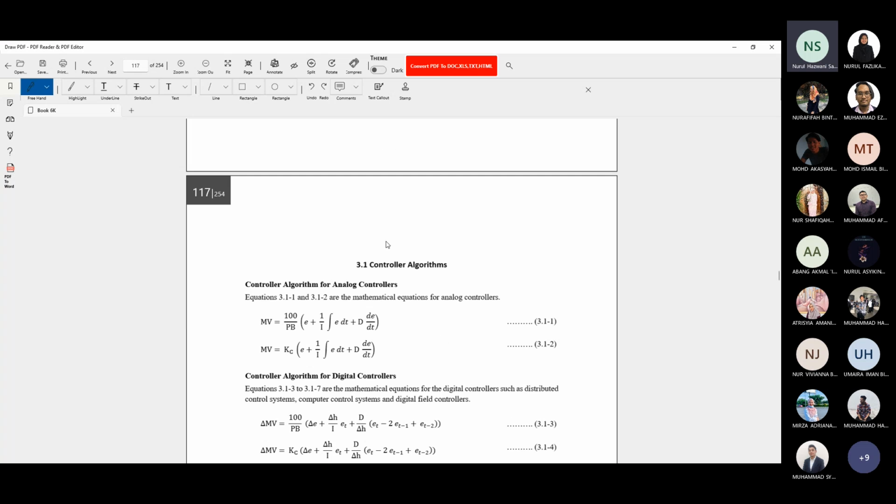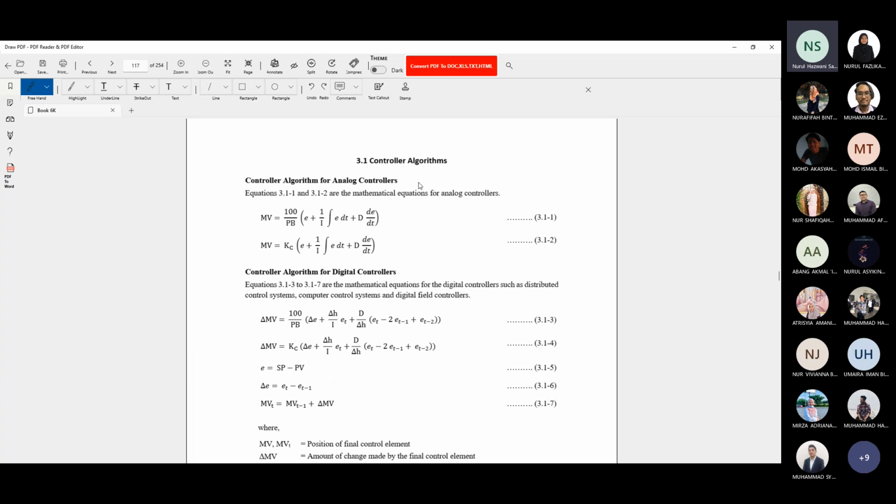Okay. So now I move to the controller algorithm. Basically we have two types of controller, which are analog controller and also digital controller. For both analog and digital controllers, normally we will use PI or PID. But there is some difference in the formula.